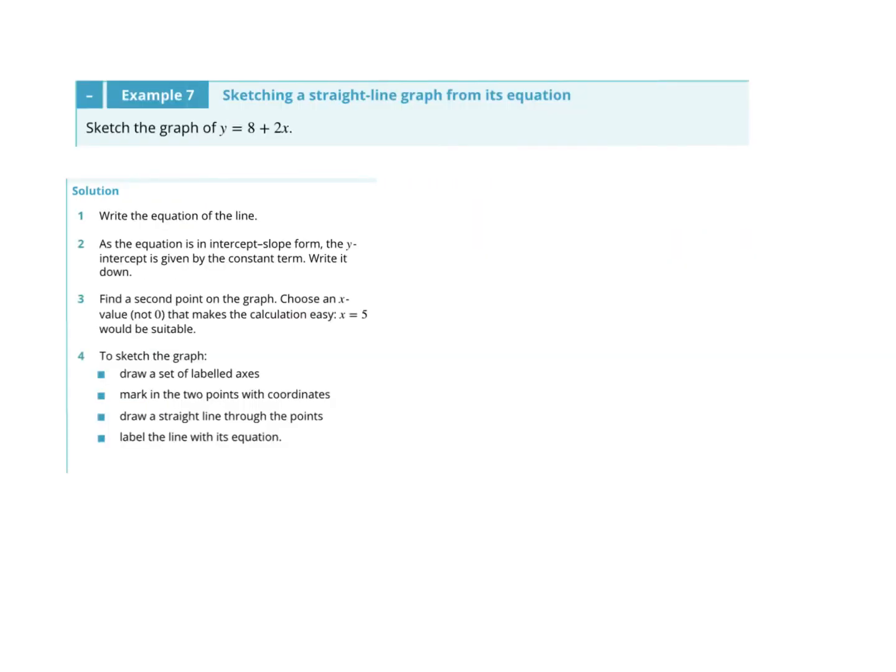Okay? Okay, when you're asked to sketch the graph, what they'll say in your future is you're going to be given this equation and you're asked to draw this line on the graph, okay? Which is the same thing, but you're going to get asked to draw it on.